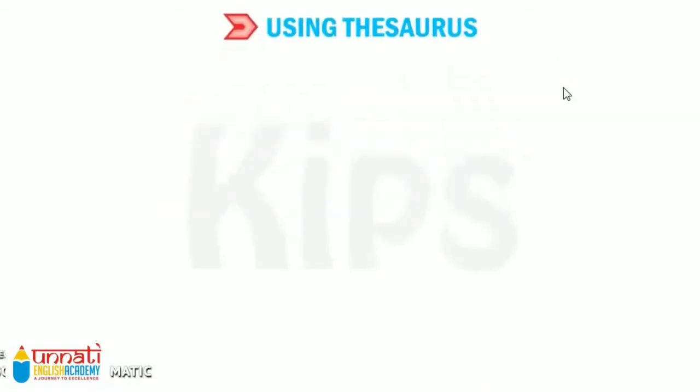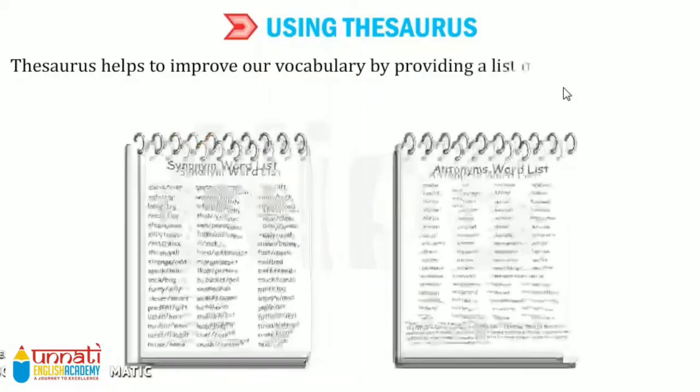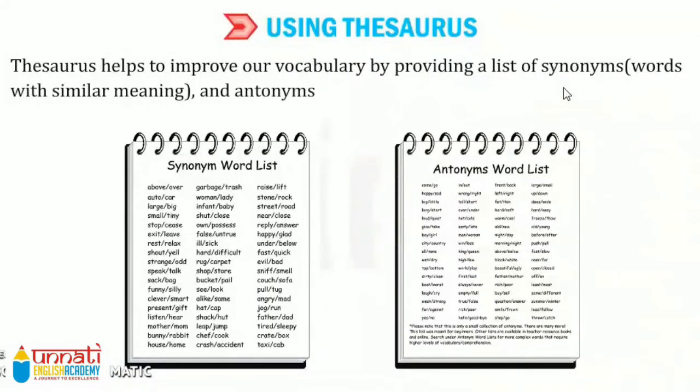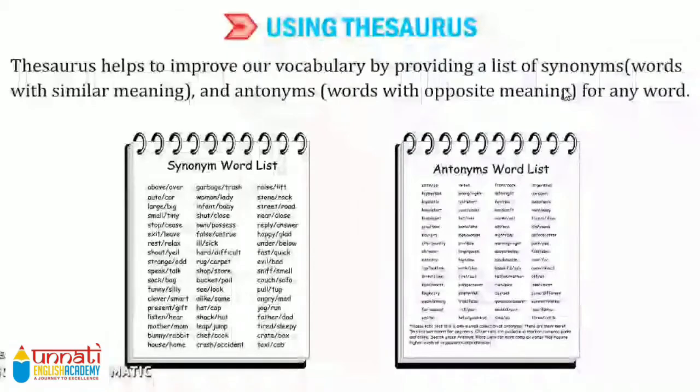Now let's see the thesaurus. Now what is this thesaurus? See, thesaurus helps to improve our vocabulary by providing a list of synonyms and antonyms. If you want to go for this thesaurus command, first of all, select the word for which you want to find the synonym or antonym.